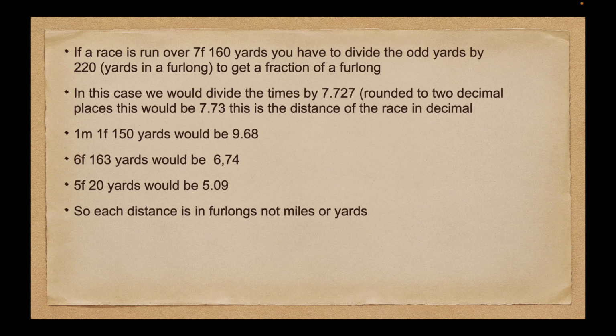So in this case, 160 yards divided by 220 gives us 0.727. So this distance is 7.727, and we round it to 2 decimal places. This would be 7.73. This is the distance of the race in decimal.